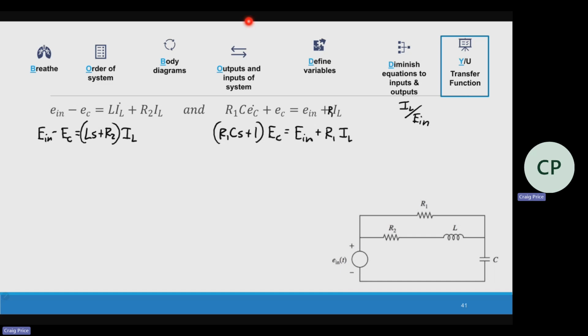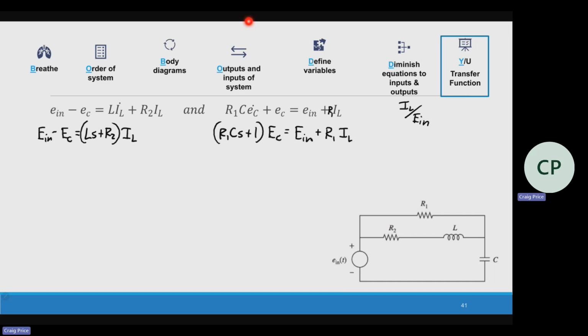What are we trying to get rid of? What do we not care about? We have two outputs, but they already chose one of them. So what's the other one that we're going to get rid of? EC. I don't care about EC.